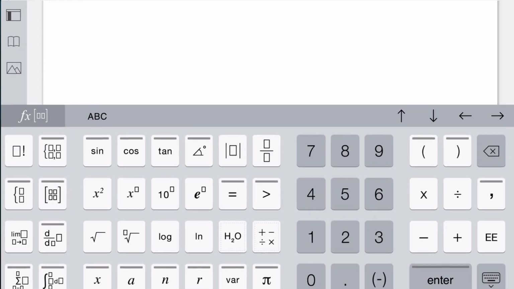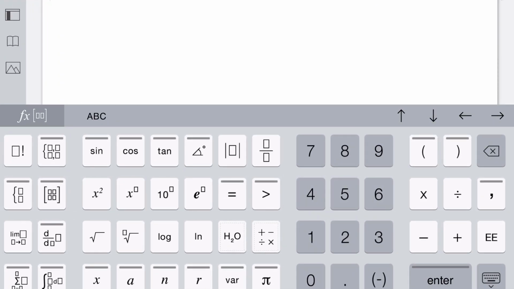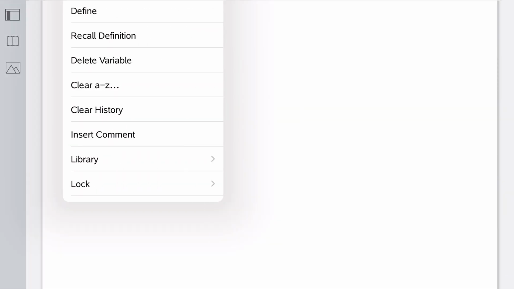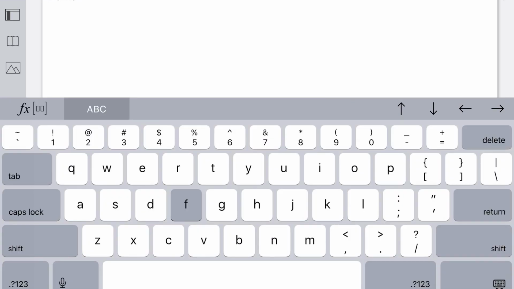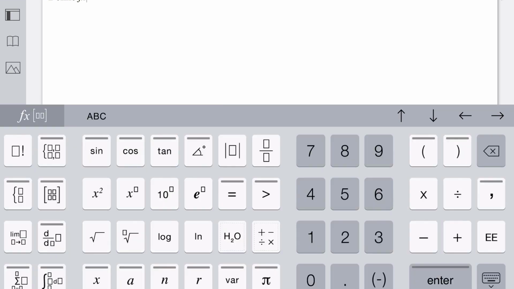So jumping onto our CAS calculator, first thing I'm going to do is go ahead and define. I'm just going to define it as f1, oops, already got a function like that, f2 of x is equal to x times x, actually it was, I think, 2 minus x times x minus 3. Done.